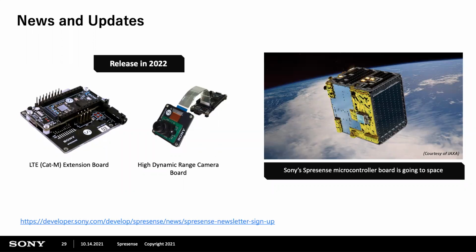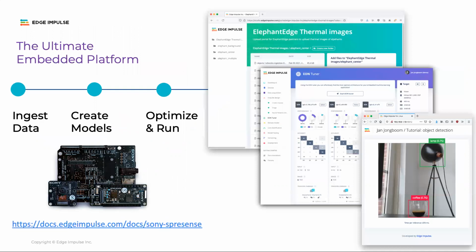The other exciting news is that our partner is Edge Impulse. You learn here how to use TensorFlow on Spresense and run the examples. As you know, the Spresense kit is very easy for prototyping. What if you get the AI part from Edge Impulse?